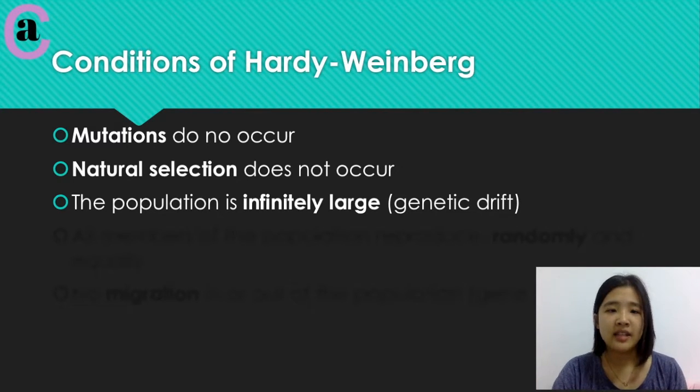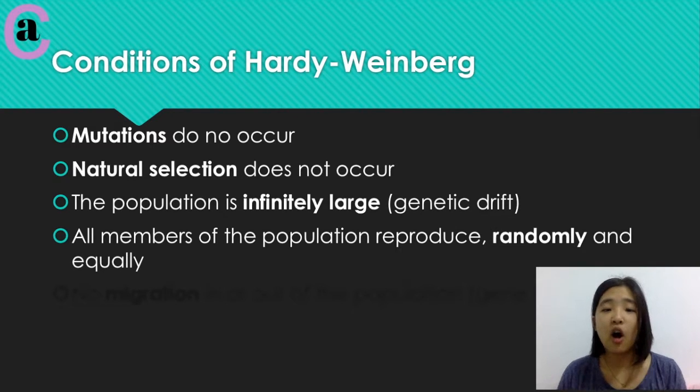The next tenet is that all members of the population reproduce randomly and equally. This is very similar to the natural selection principle. There's no bias in the kind of genes that are being passed down to the next generation.